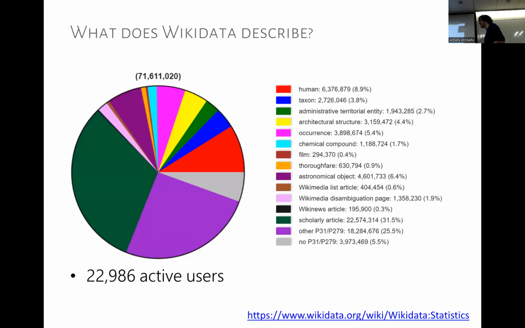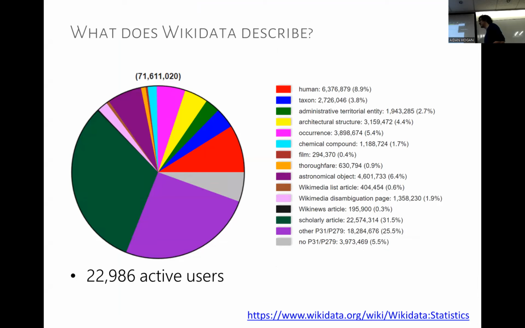And this is again a little bit out of date. Actually, this is up to 100 million now. It has about 23,000 unique active users. They would be people logging in every month and editing or changing something. And it has, according to entities, lots of people, lots of taxons or species, lots of administrative territorial entities, which are places or towns or regions, architectural structures, buildings, universities, libraries, and so forth.